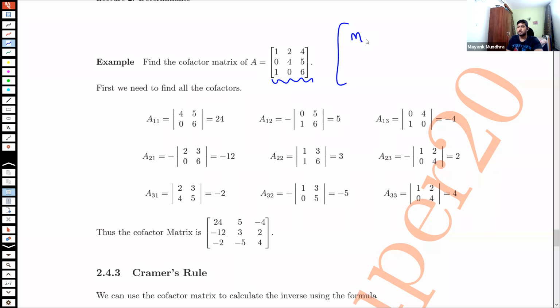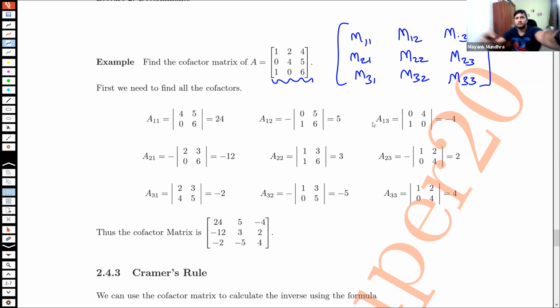So suppose this is the original matrix A, I want to find the cofactor matrix. So the cofactor matrix will be M11, M12, M13, M21, M22, M23, M31, M32, M33. Now, how do I find M11? Eliminate this row and column, you get this matrix, and the determinant is 4.